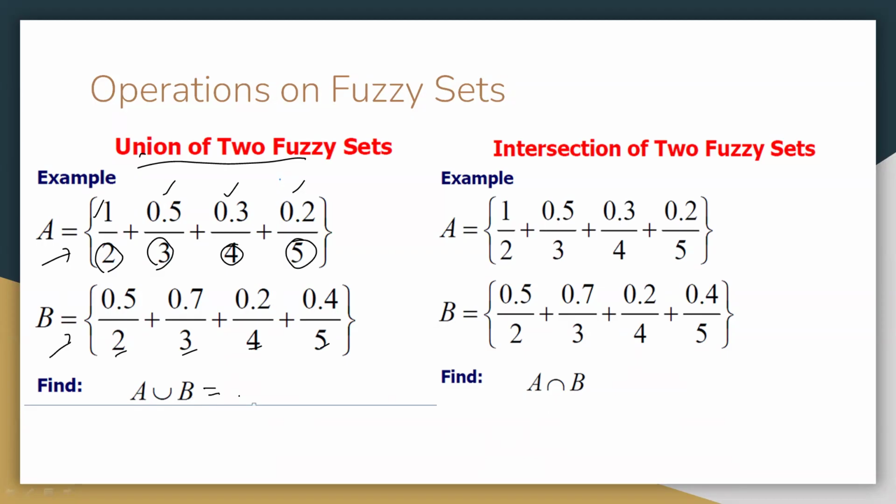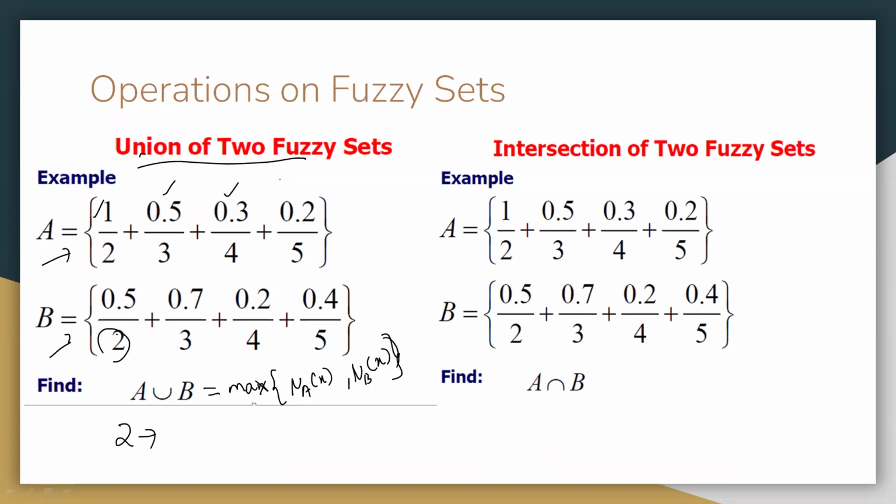According to A union B, we have to take the max of each element of A as well as from set B. So what we can do here is check each of the values and see which is the maximum membership among each of the sets for a particular value, say 2.